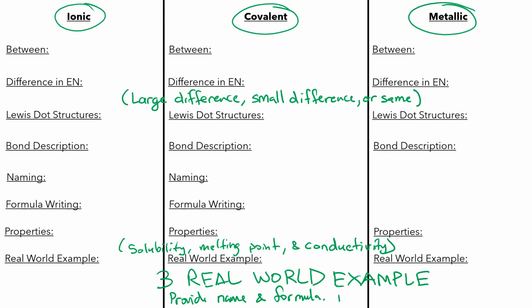Then draw at least one example of each. Okay, so I should see a total of 3 pictures, y'all. 1 picture for ionic, 1 picture for covalent, and 1 picture for metallic.